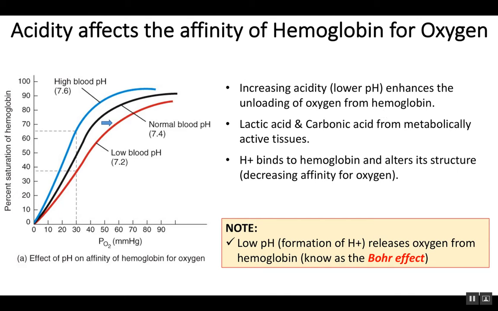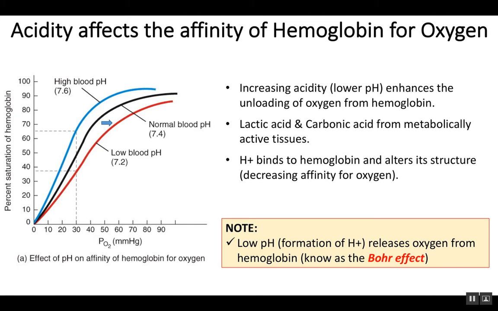This is a way that hemoglobin knows that there's a tissue that's metabolically active. It's generating a lot of carbon dioxide. It might be generating a lot of lactic acid, like contracting muscles. It's producing that bicarbonate and that carbonic acid.